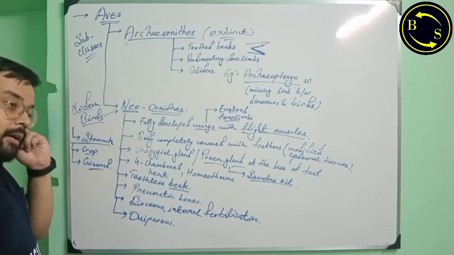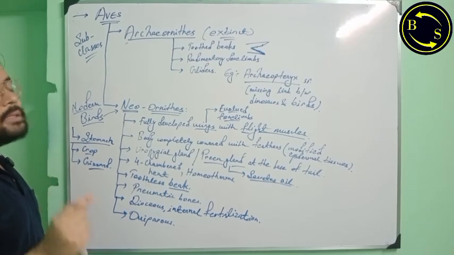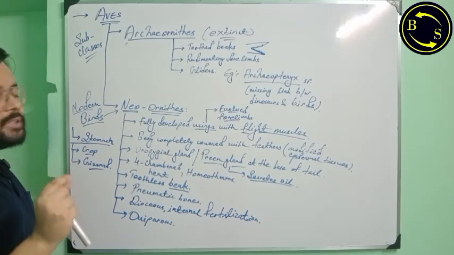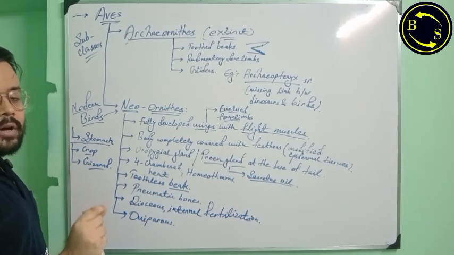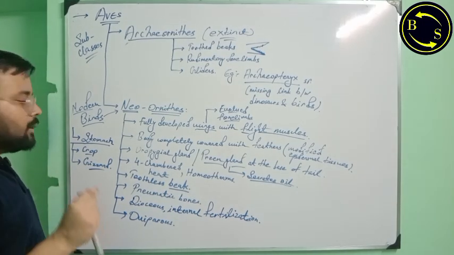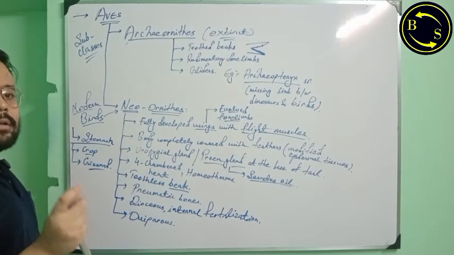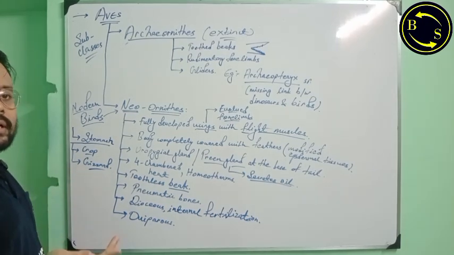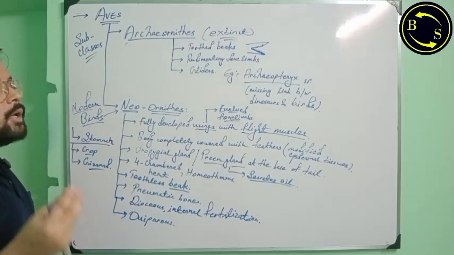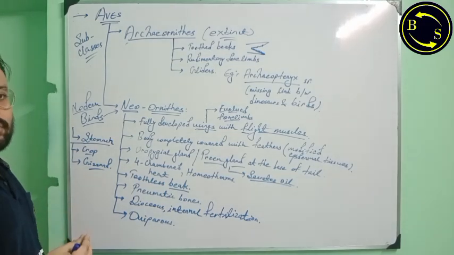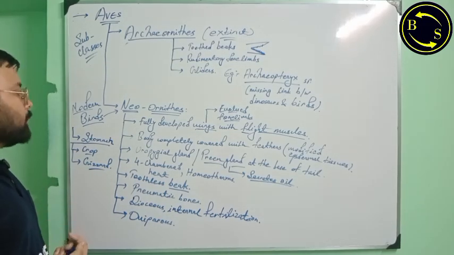And they have a gizzard. What is gizzard? Many of the birds eat nuts, seeds, hard substances that are very difficult to break down. This gizzard is a structure which helps to grind the food into finer particles, so that it becomes easier for the food to get digested and absorbed.